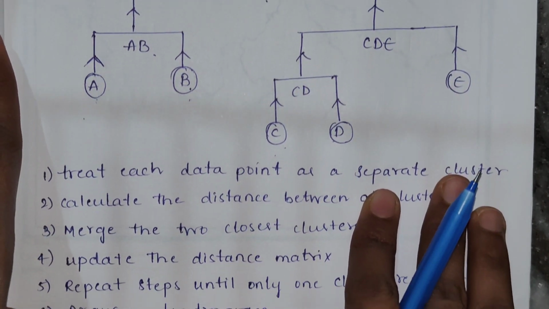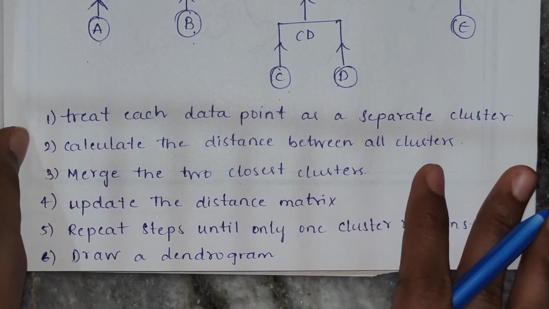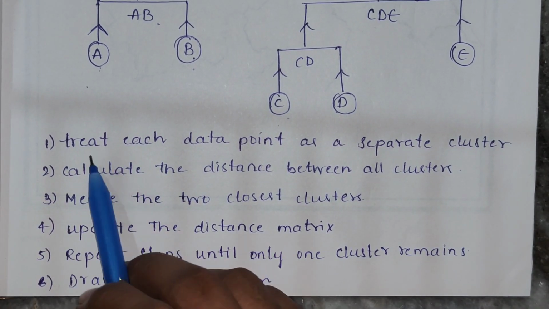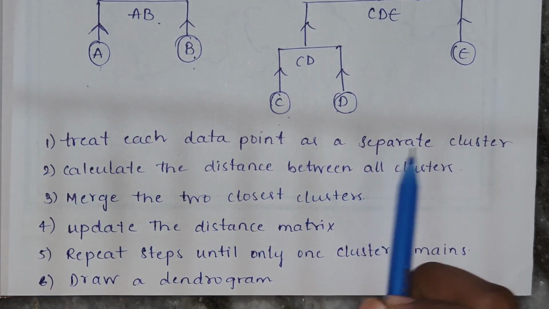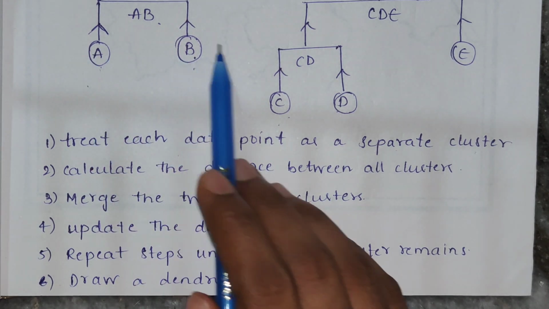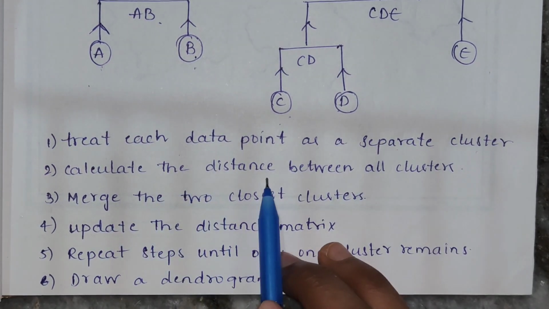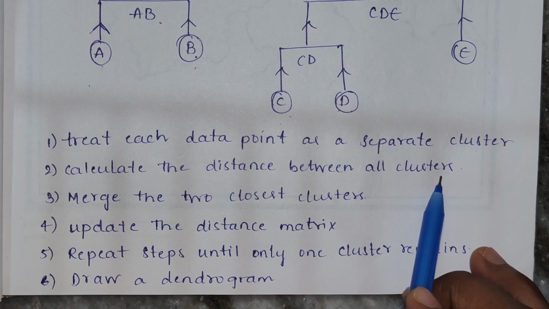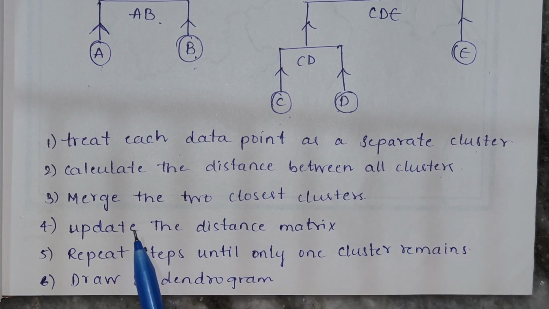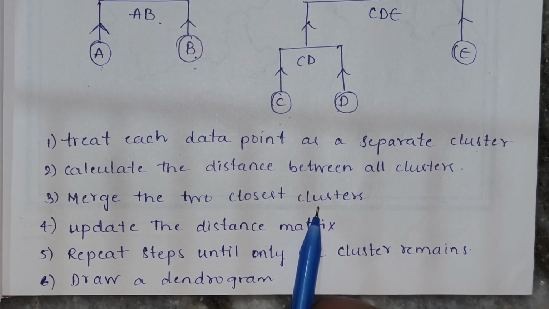Here I have written how it works in simple steps. Let us look into it. First of all, it treats each data point as a separate cluster. The second point is to calculate the distance between all clusters, and after calculating we merge the two closest clusters.